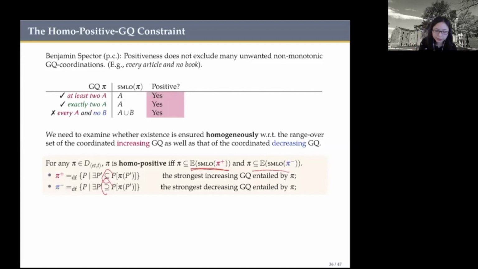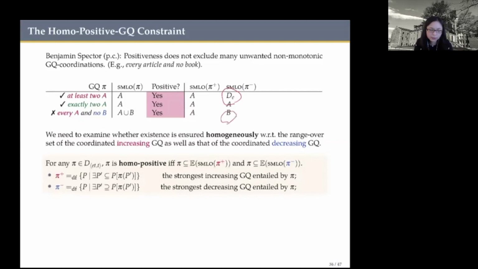So for an illustration, think about the three quantifiers again. For all three generalized quantifiers, the smallest event set of pi plus is the set A, and this is ensured in all cases. However, for pi minus, the strongest decreasing GQ, there is a very interesting contrast. For the increasing generalized quantifier, pi minus is basically trivial and ranges over the discourse domain.